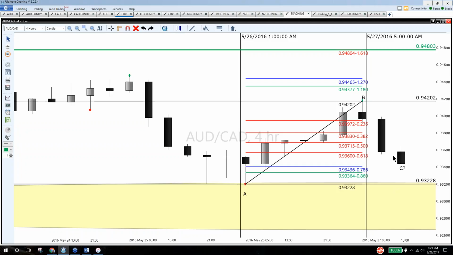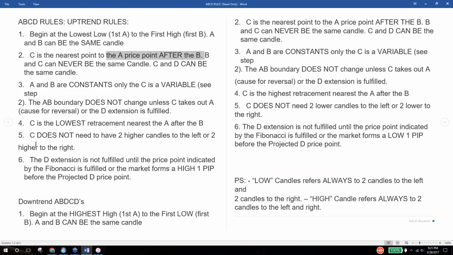The only ones that need 2 to the left and 2 to the right are A, B, your first AB boundary, and then moving forward after that, you're looking for the D to have 2 to the left and 2 to the right. So, great question. C does not have to have 2 to the left or 2 to the right.